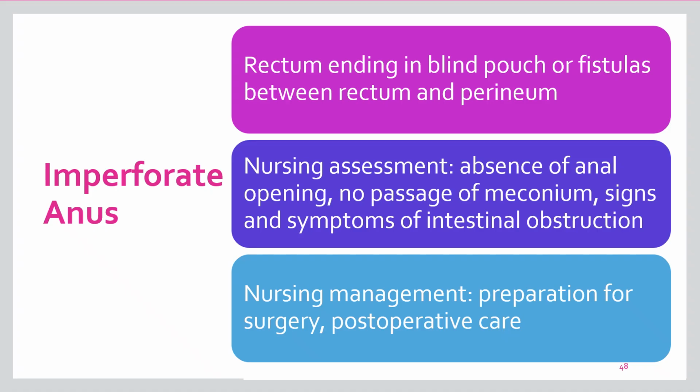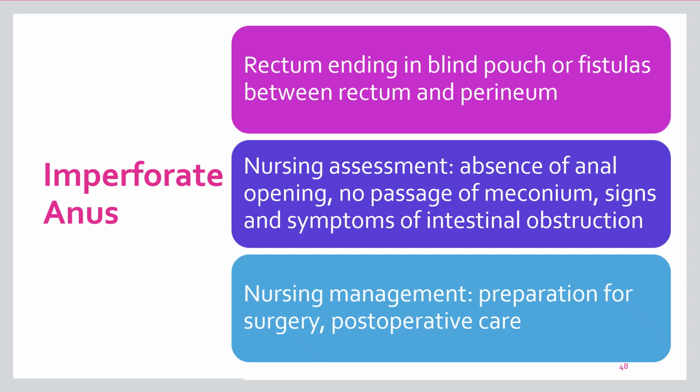Assessment: absence of anal opening, passage of meconium. In this case, if the baby is not passing meconium for a couple of hours, you need to see whether the baby has an intact anus, or maybe the anal opening may be opening into the rectum, maybe into the perineal area or to the vaginal area, so look for that. Also look for signs and symptoms of intestinal obstruction. The baby cannot pass meconium.